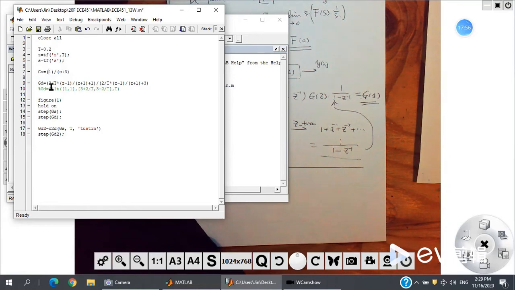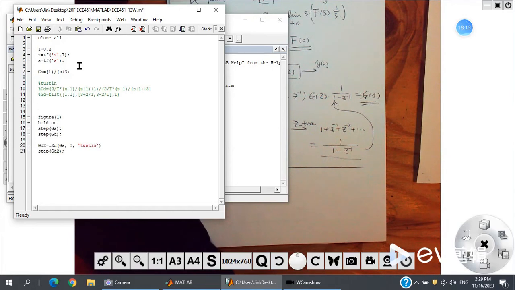Alright. Then the GD, this is a testing method. Okay. Now we use a different GD. I gave GD1 firstly.